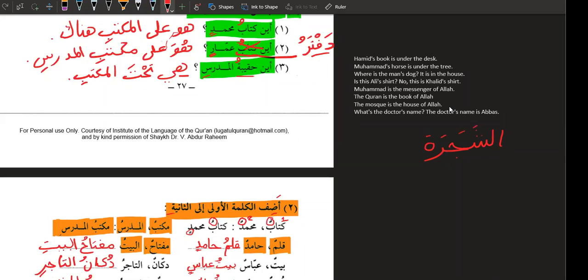Shajara, which means tree. Where is the man's dog? It is in the house. Is this Ali's shirt? No, this is Khalid's shirt. Muhammad is the messenger of Allah. The Qur'an is the book of Allah. Full stop. The mosque is the house of Allah. What's the doctor's name? The doctor's name is Abbas.